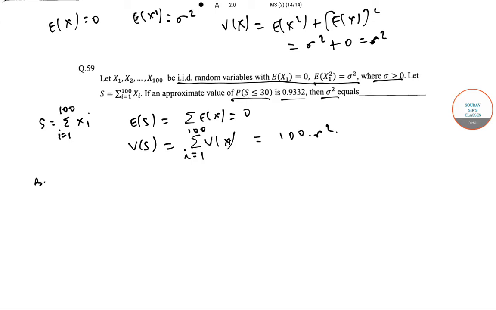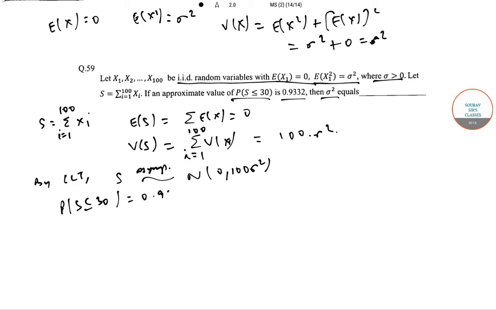Now by CLT, S follows normal 0, 100 sigma squared asymptotically. Now we have been given that probability S less than or equal to 30 is equal to 0.9332.